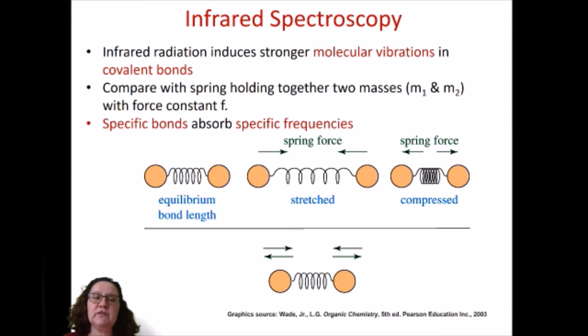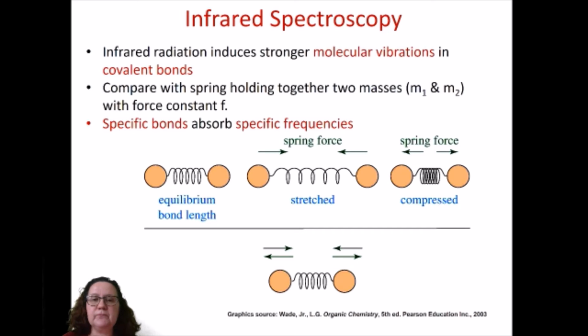The infrared part of the electromagnetic spectrum will induce stronger molecular vibrations in the molecules. So when you have a covalent bond, it's sometimes useful not to think of it as a rigid structure, but to think of it as two masses, two atoms bonded together by a spring.